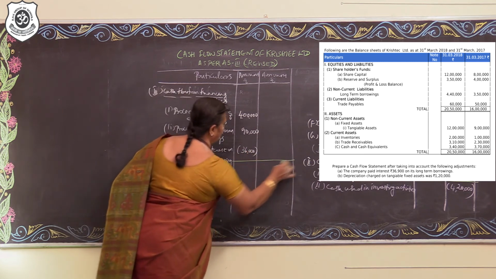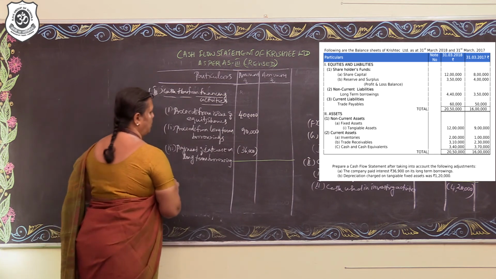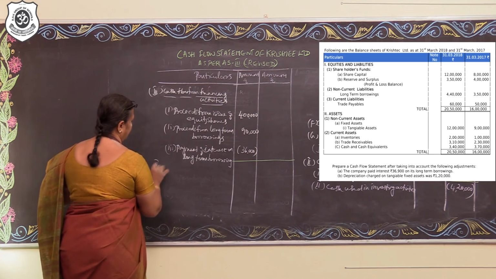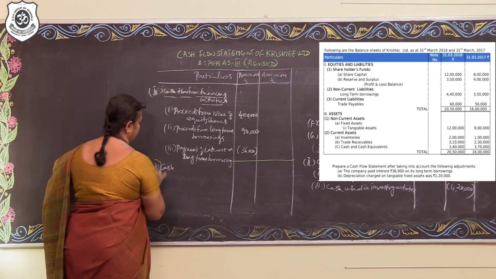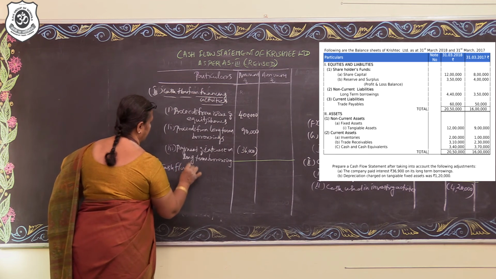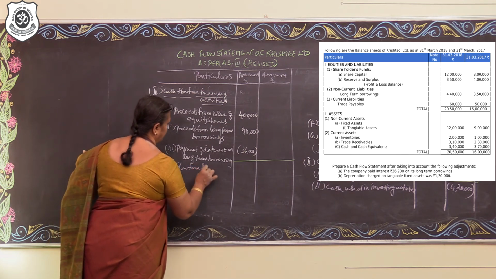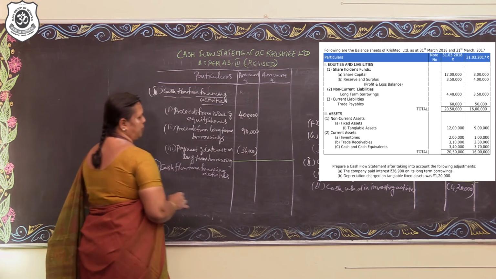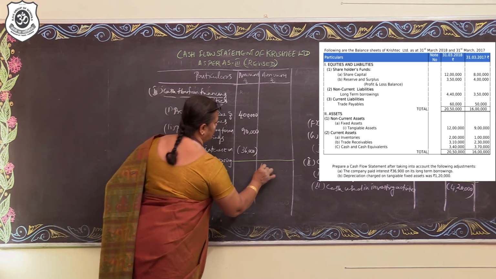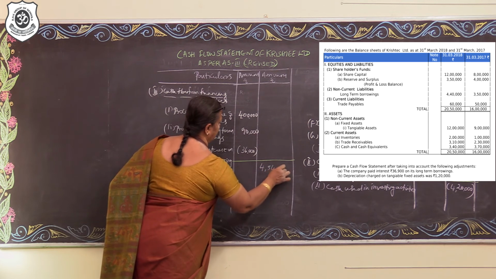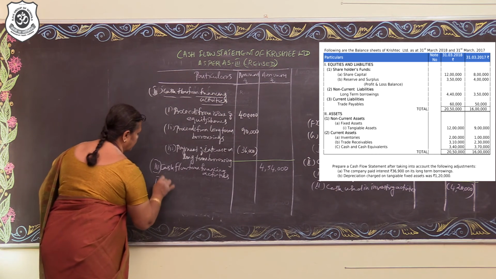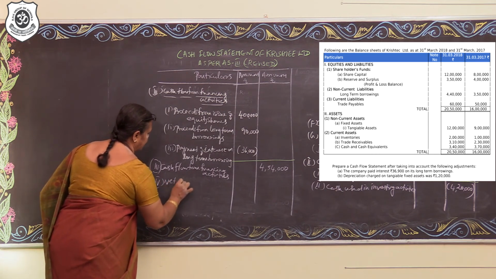So you have Roman letter 4, cash flow from financing activities. Cash flow from financing activities to be 4,54,000.